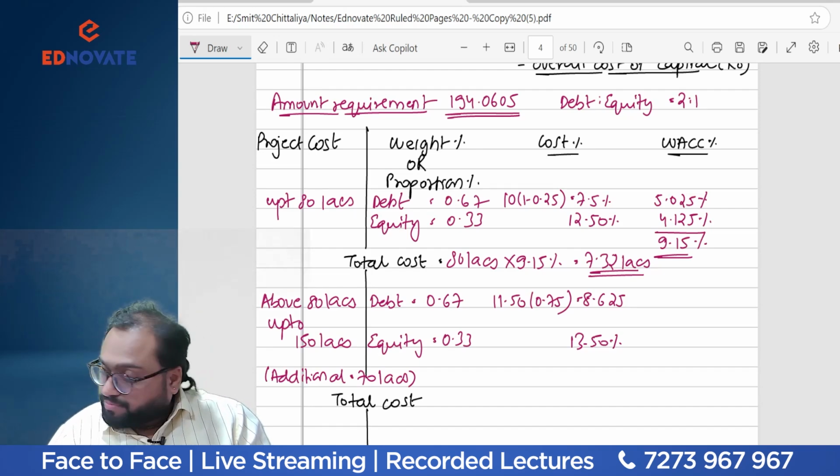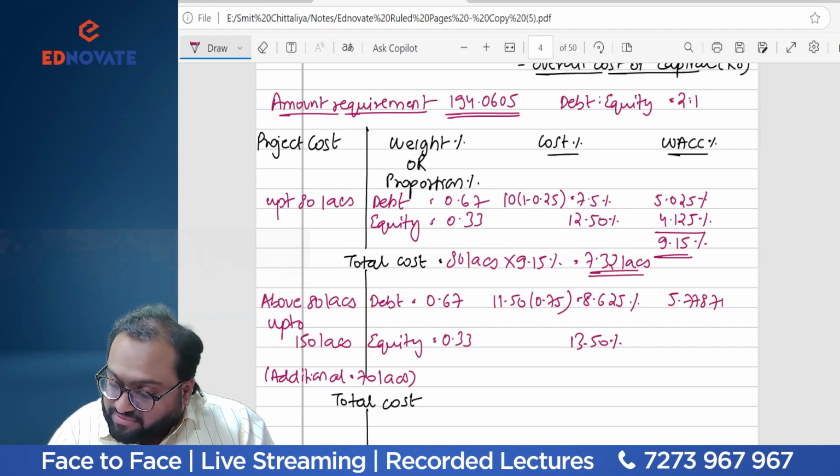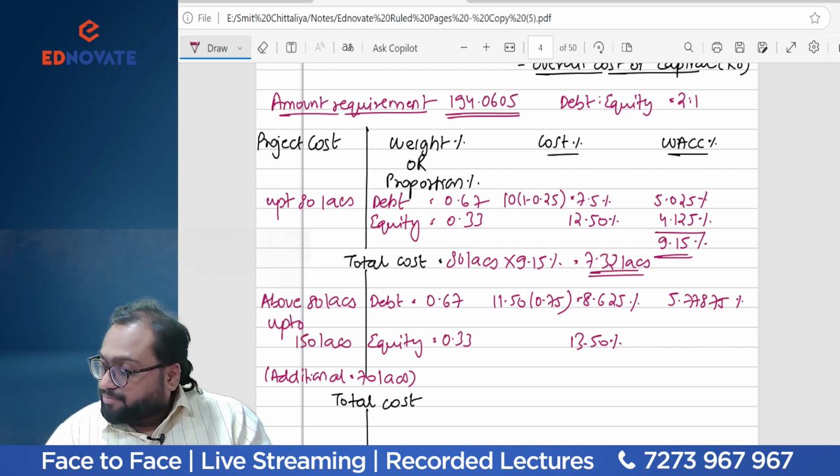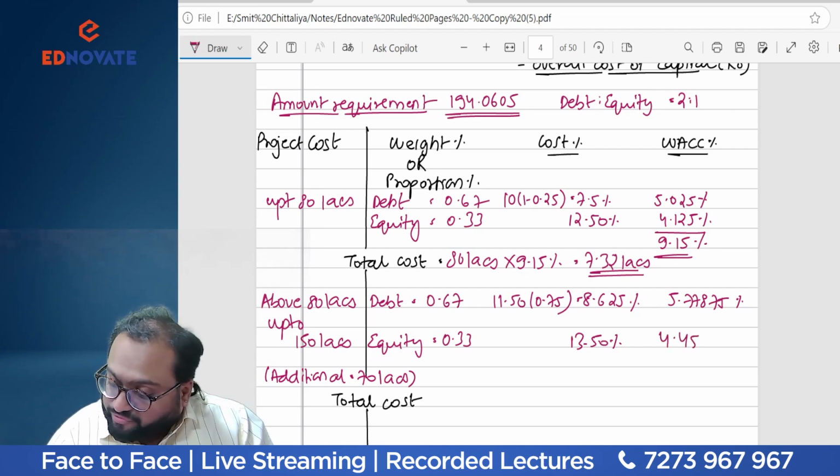And if we multiply, what will be the answer? 0.67 into 8.625 percentage will be 5.77875%, and 0.33 into 13.5 percentage will be 4.455 percentage.